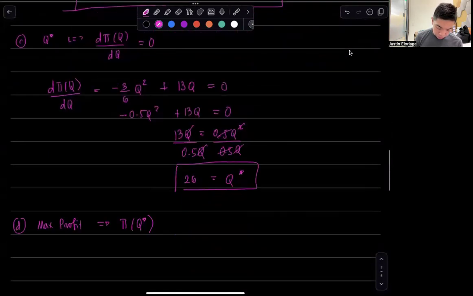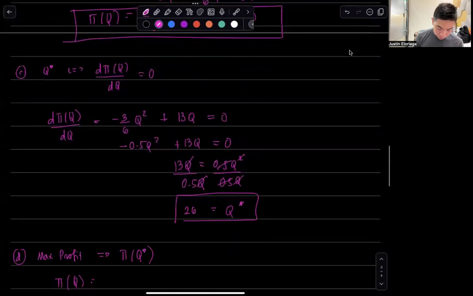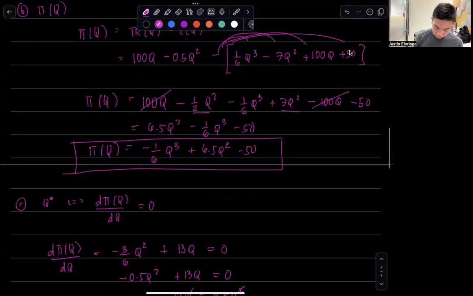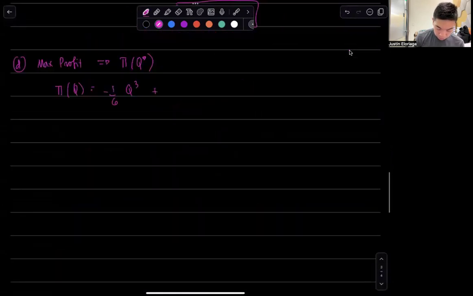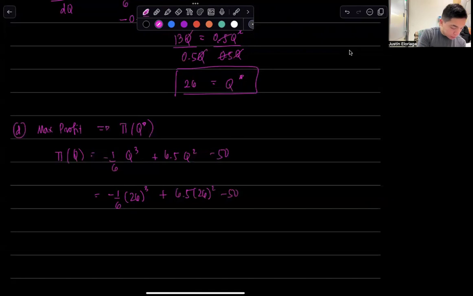The profit function is negative 1/6 Q cubed plus 6.5Q squared minus 50. Plugging in 26, I get minus 1/6 times 26 cubed plus 6.5 times 26 squared minus 50.